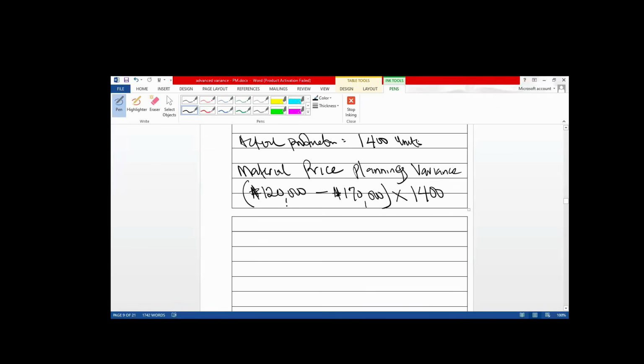This 120 is no longer valid because the price has gone up to 170. This is ex post. This is ex ante. Difference between the two, minus 50, multiplied by 1,400. That will give you a material price planning variance.